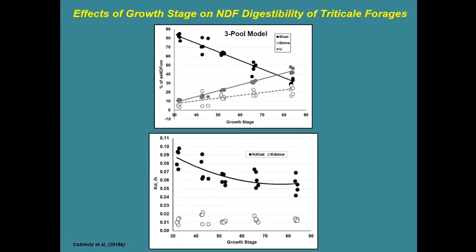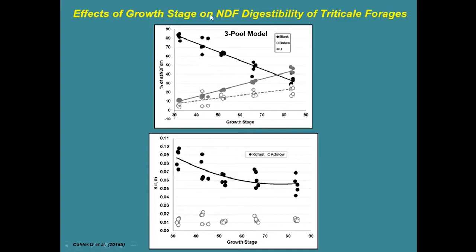I don't want to get too deep into this, but basically up to now, most fiber digestion work has been based on the principle that you have 2 pools. It's either digestible or it's not digestible. This newer concept is that there are actually 3 pools: a fast pool of digestion, a slow pool of digestion, and an indigestible portion.